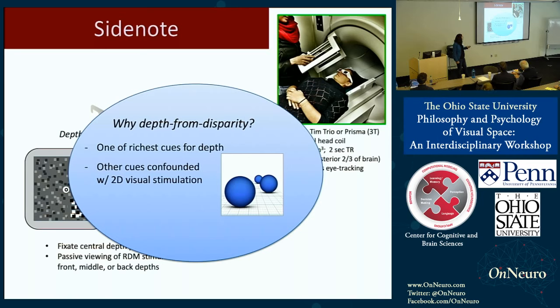But what it means is that this ball is occupying a larger spot on the retina than that one, and that's going to be particularly important for fMRI studies, especially if we're trying to dissociate how one can decode information about depth position versus the 2D cues. So this is why, at least for the majority of the studies, we'll focus on the depth from disparity cue.